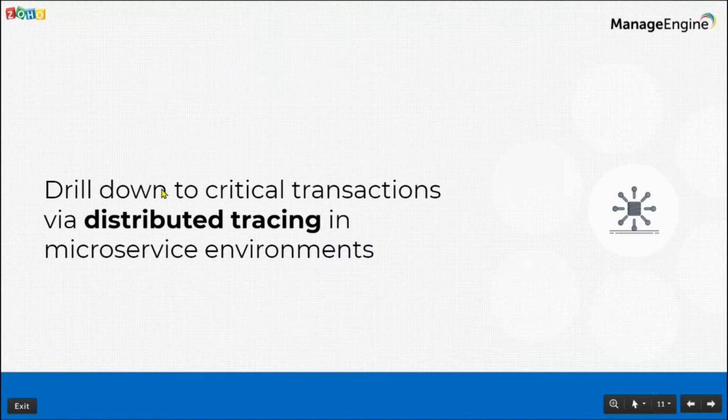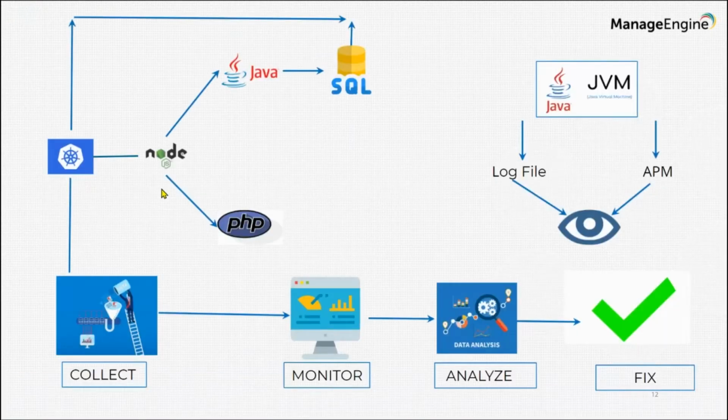So we have discussed setting up the APM Insight installation. Now let's see how you can track distributed tracing in microservice-based environments. When we talk about microservice-based environments, it's not a single component again. On the right-hand side, I have given a traditional simple component example.